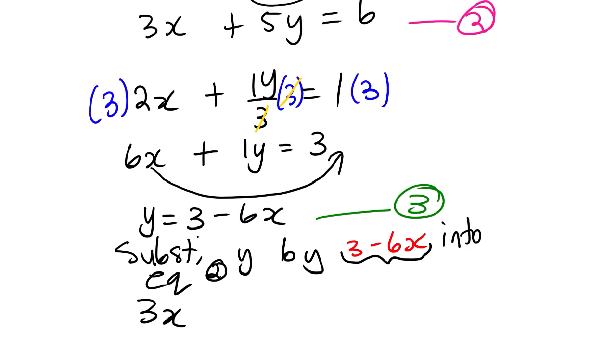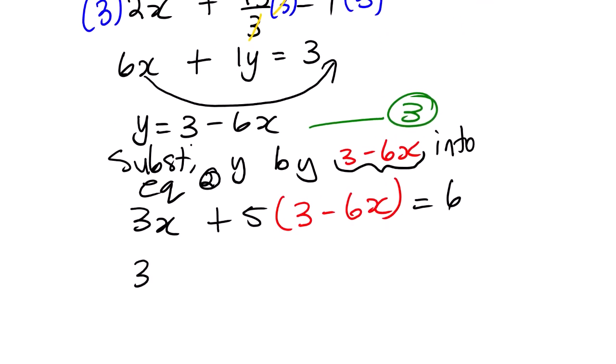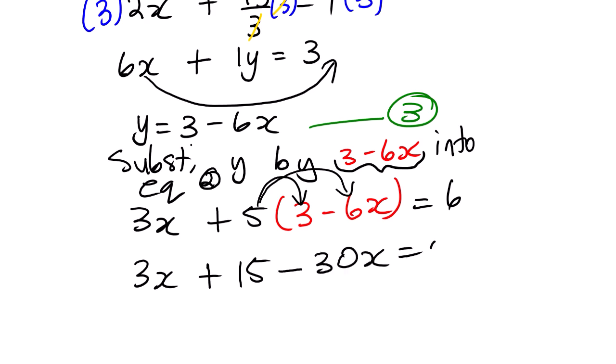We have 3x plus 5, we are going to open the bracket, 3 minus 6x, equal to 6. 3x, 5 multiplied by 3, we have 15. 5 multiplied by negative 6x, we have negative 30x, equal to 6.